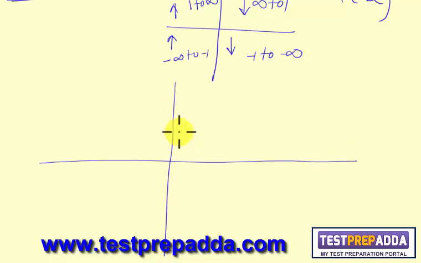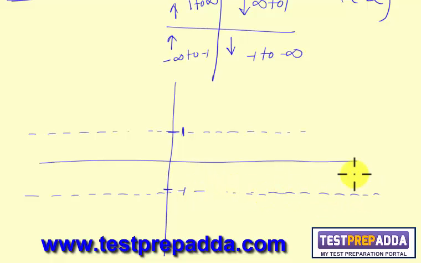If I take this as 1, this as minus 1, now take this as 0, this as pi by 2, this as pi, then 3 pi by 2, then 2 pi.